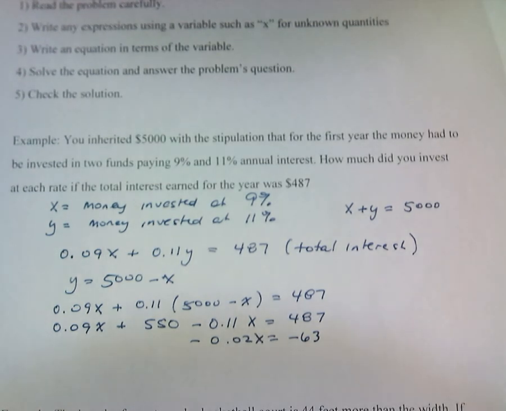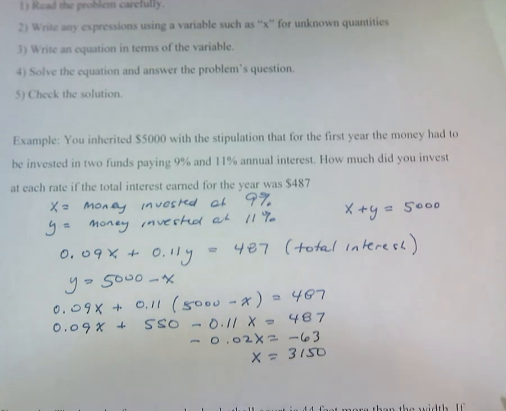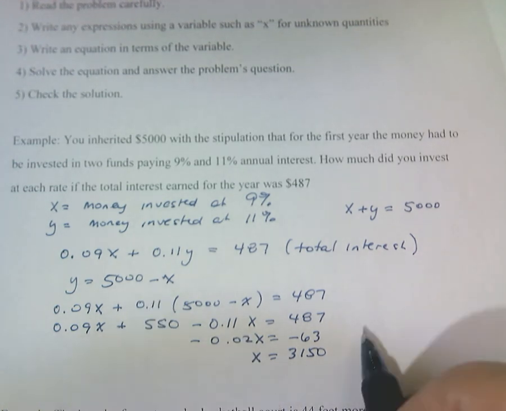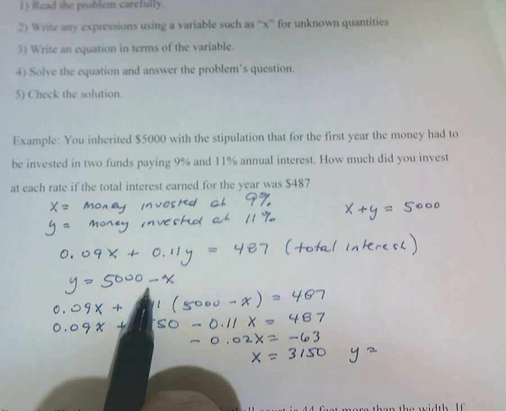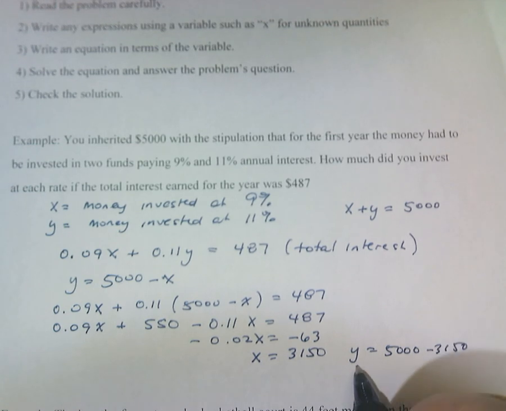Divide by negative 0.02, and I get x equals 3,150. If I plug that 3,150 back in for x, I get y equals 5,000 minus 3,150, so y is going to equal 1,850.